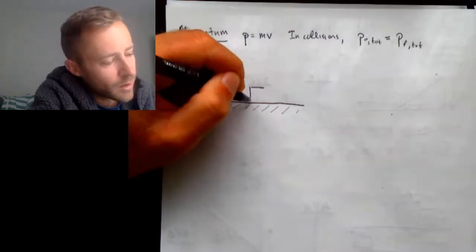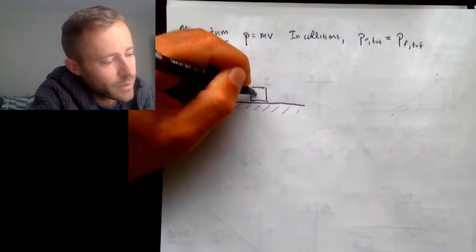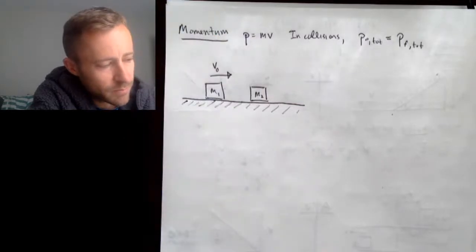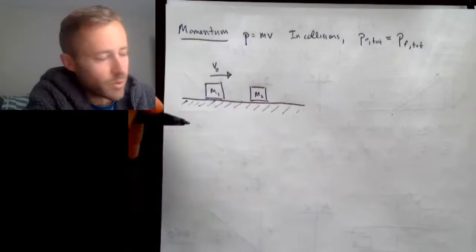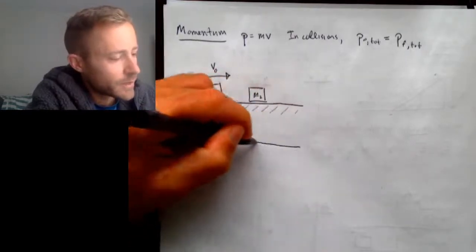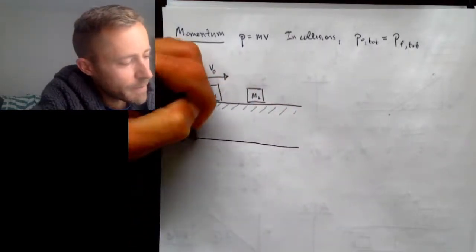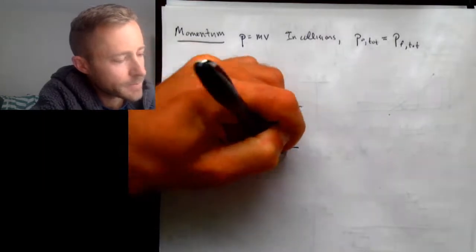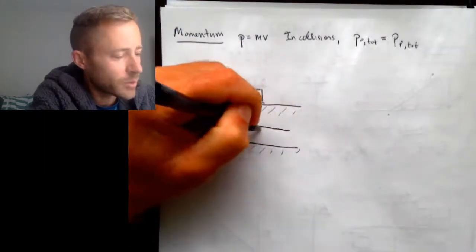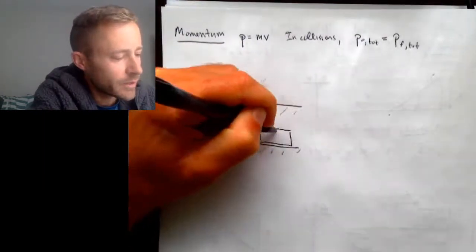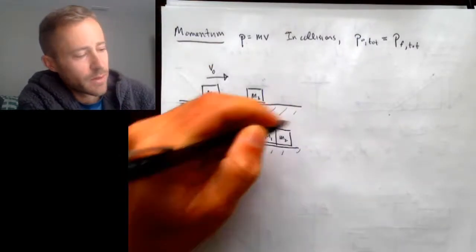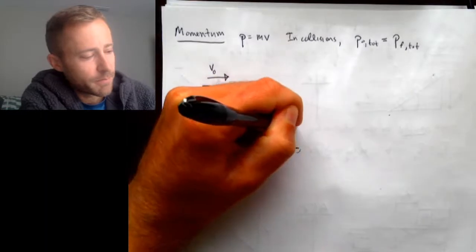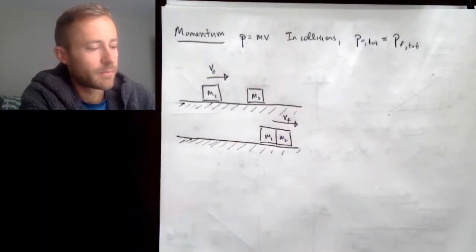There's another block that is initially at rest, and the first block collides with the second block, and the two stick together. And then afterwards, they start sliding together to the right.